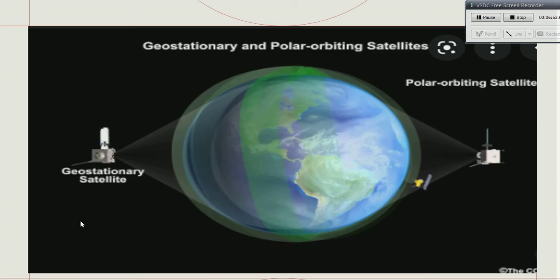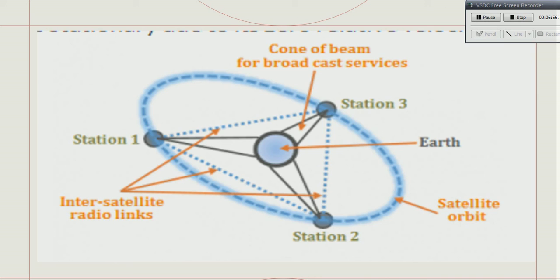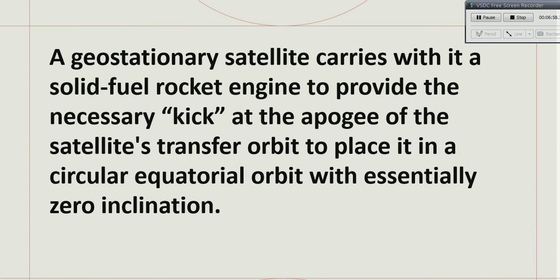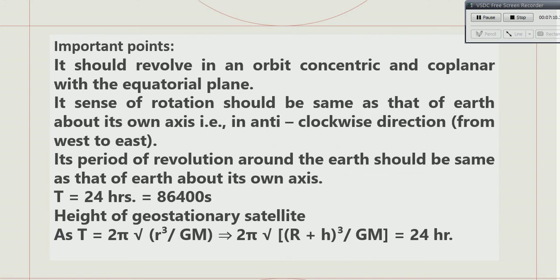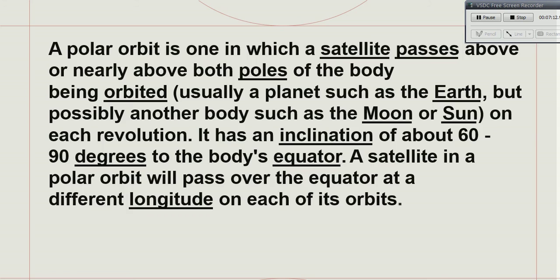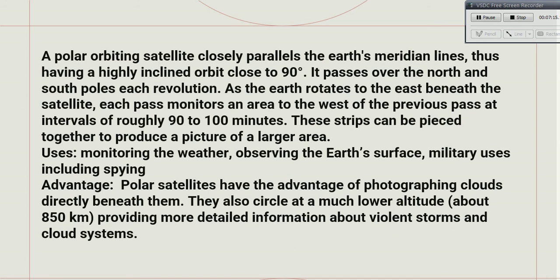I want to repeat that previous slide of the geostationary satellite. A geostationary satellite is placed at 22,030 miles or 35,800 kilometers, whereas a polar satellite is just at 850 kilometers, very near to the Earth's surface, providing more detailed information about violent storms and cloud systems.